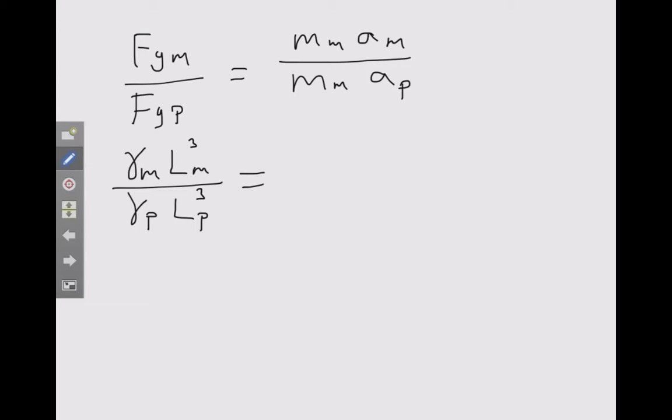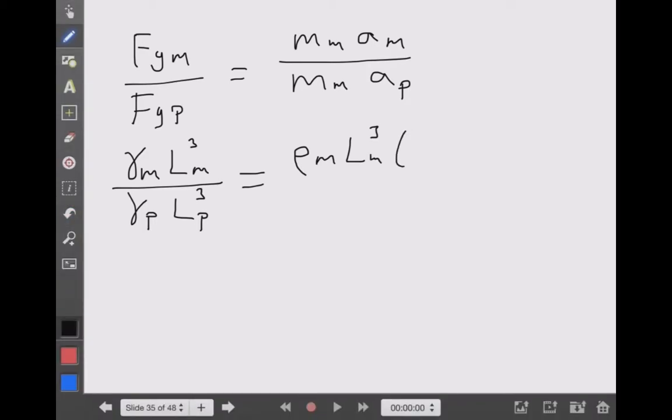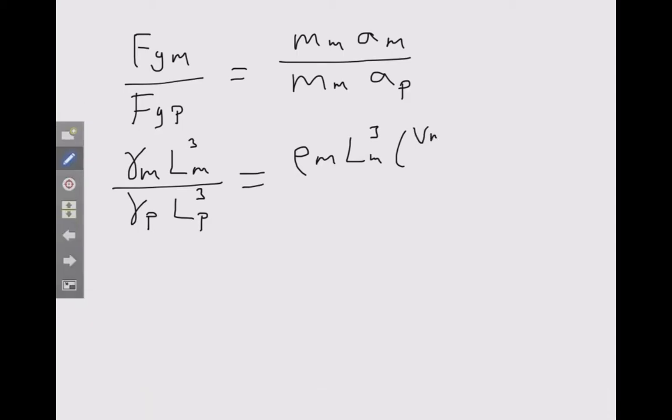If we write down the right-hand side, we're going to have rho times Lm. I'm sorry, this is just a mass. The relevant acceleration for this would be, in dimensional terms again, just the velocity over the amount of time that we were looking at for the model.